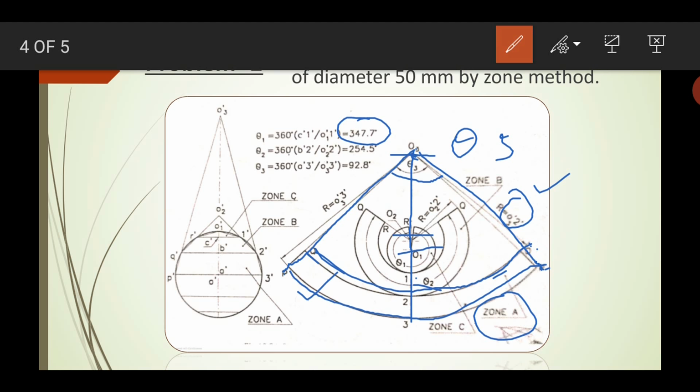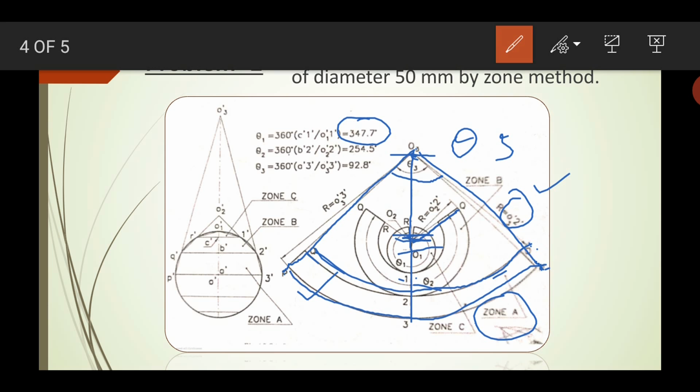Similarly, with the center point O1 or O2, we will deal with theta 2 and O2. In a similar manner, you find out the angle and mark it. The second one is 254.